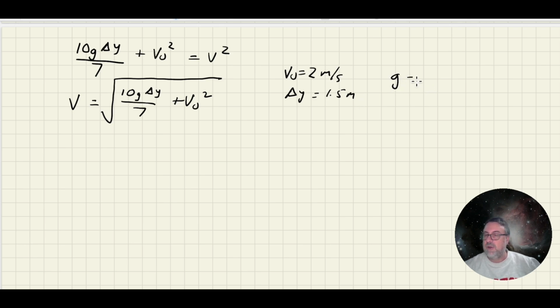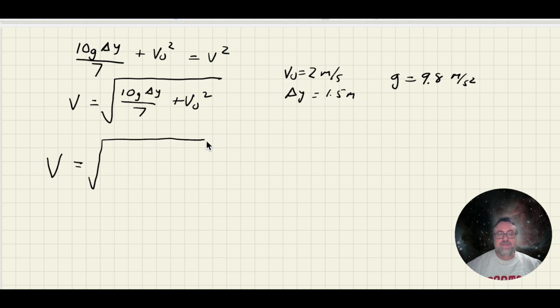And of course we're on Earth, so g equals 9.8 meters per second squared. So I get that the velocity v equals square root of 10 times 9.8 times 1.5 divided by 7 plus 2 squared.